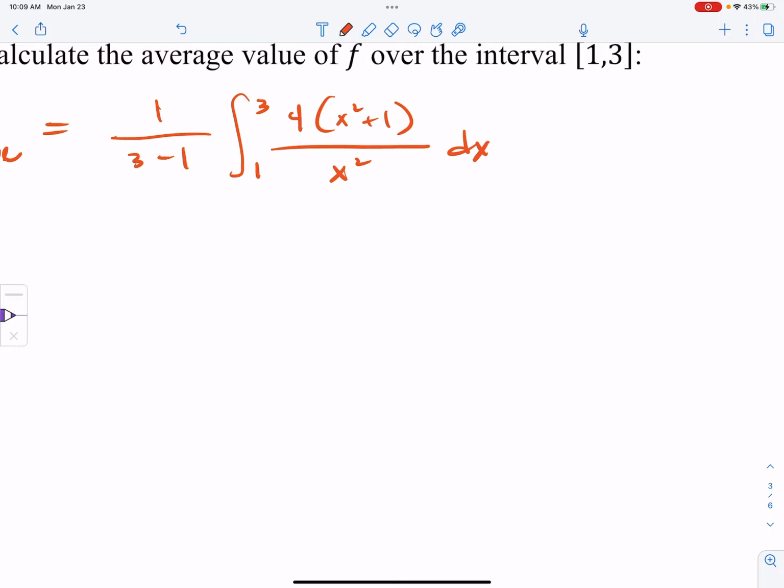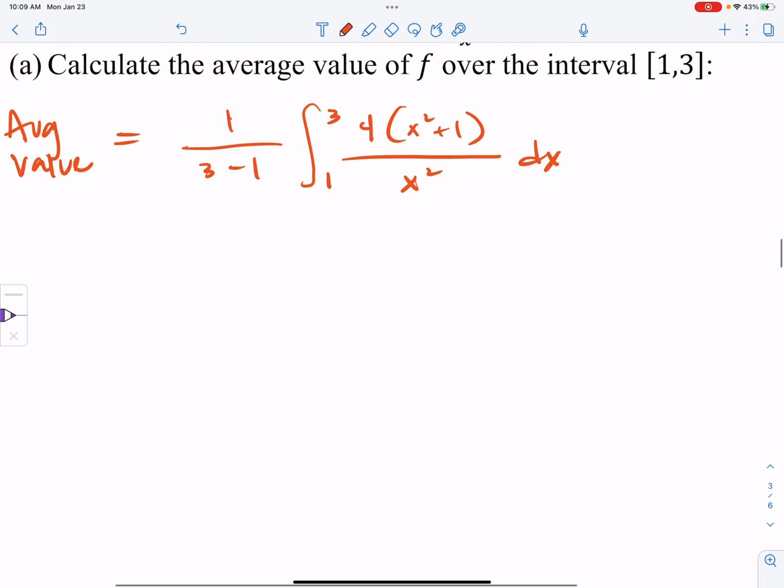And now to evaluate that definite integral, we can use the fundamental theorem of calculus. Before we actually start to integrate though, let's clean this up a little bit. So that would be 1 over 2, and then we can actually pull this 4 out by the constant multiple property for integration. So that would be 4 divided by 2, which becomes 2.